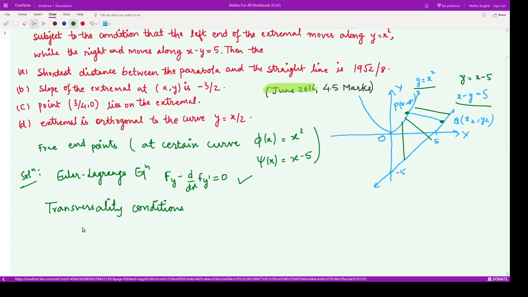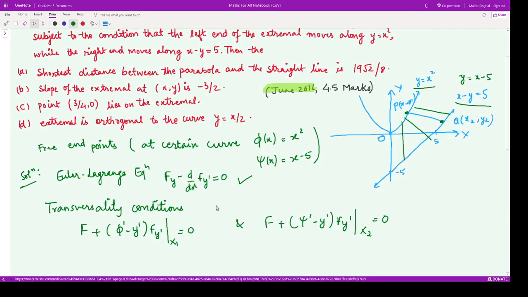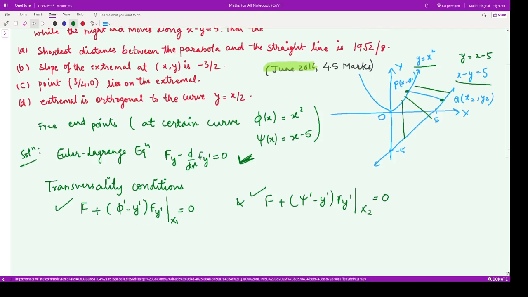They are [F + (phi' - y')F_y'] at the point x1 is equal to 0, and [F + (psi' - y')F_y'] at the point x2 is equal to 0. So for this question, you must remember these two conditions in addition to the given Euler's equation, right? So let us solve these equations.